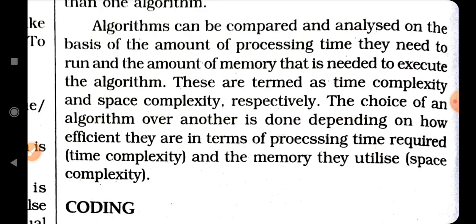These are termed time complexity and space complexity. Representatively, the choice of an algorithm over another is made depending on how efficient they are in terms of processing time required, time complexity, and the main memory they utilize, space complexity.